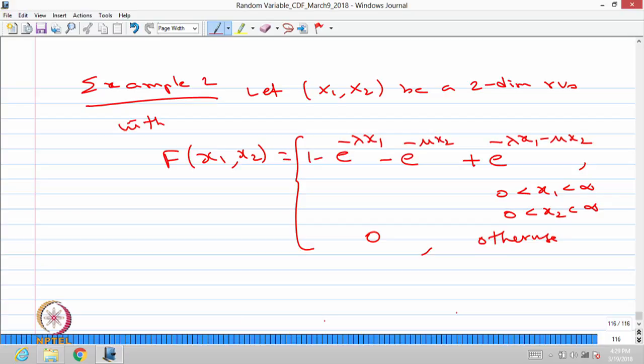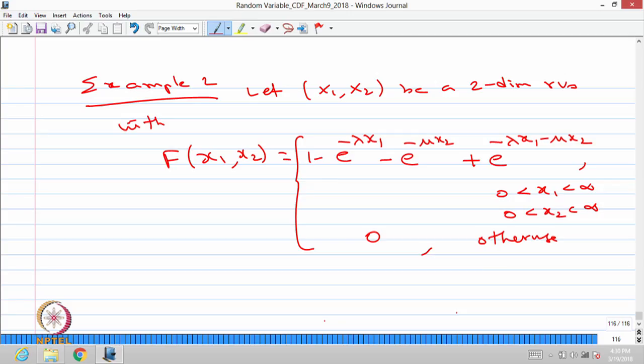We can verify whether this is the CDF of a 2-dimensional random variable. By seeing the function, you can easily say when x1 and x2 are positive infinity, it becomes 1. If either x1 or x2 is minus infinity, it is 0, and it is a non-decreasing function and continuous from the right.